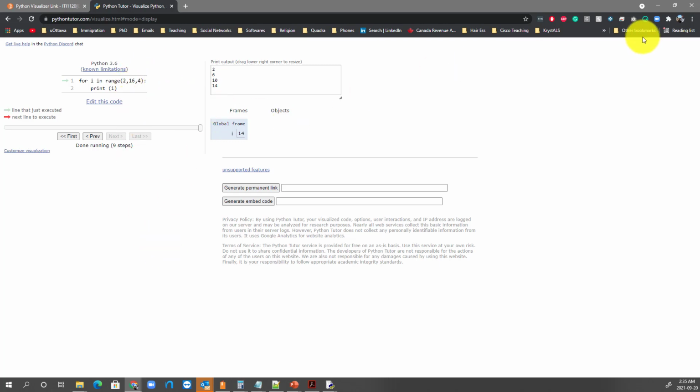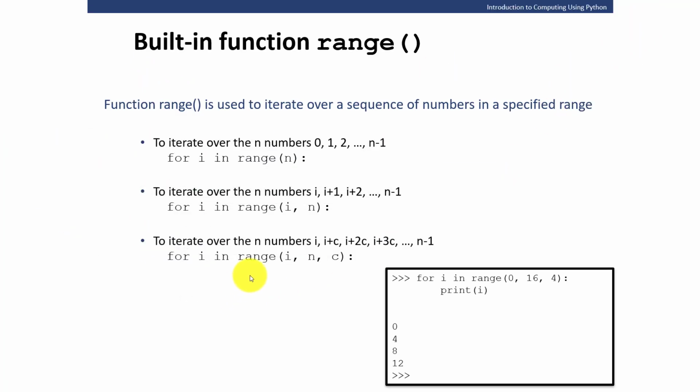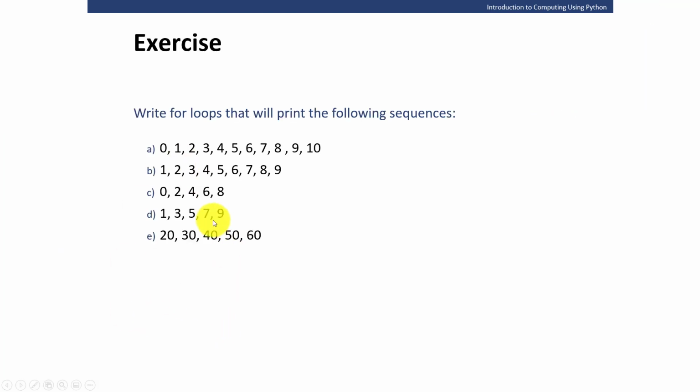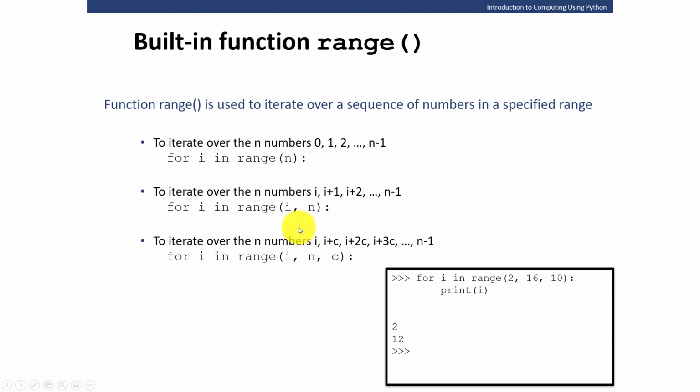All right. So I want you to do this exercise, guys, but I'm not gonna give you the solution because I want you to practice it yourself. Okay, and you can use the Python visualizer. Now, they asked me how it's possible that the function range can have multiple input arguments.